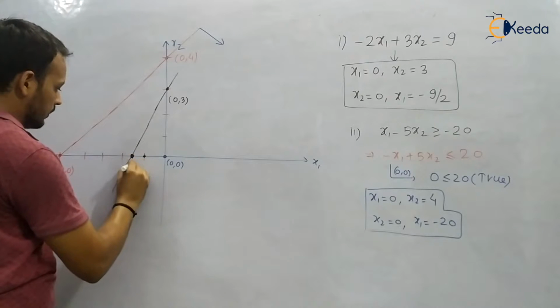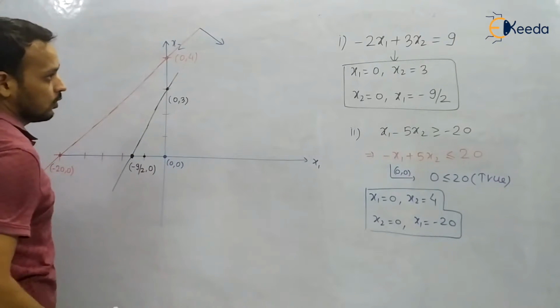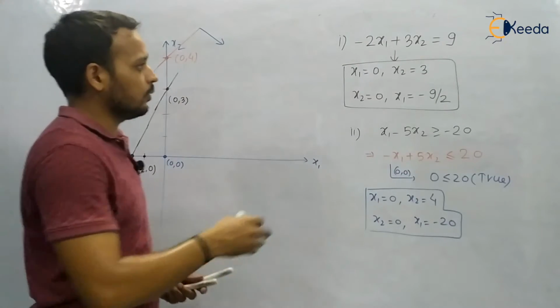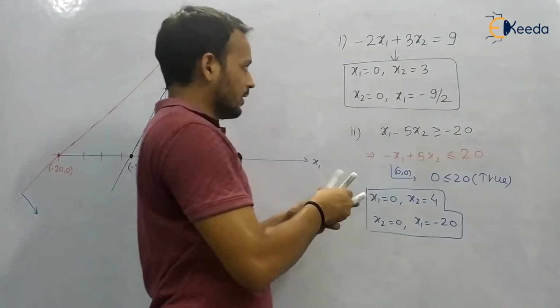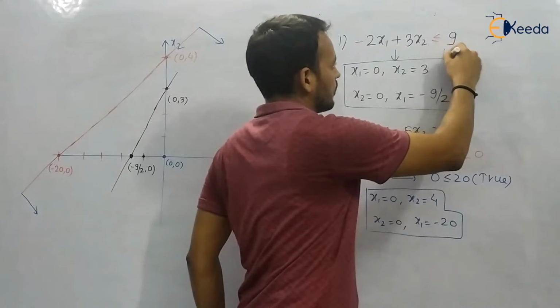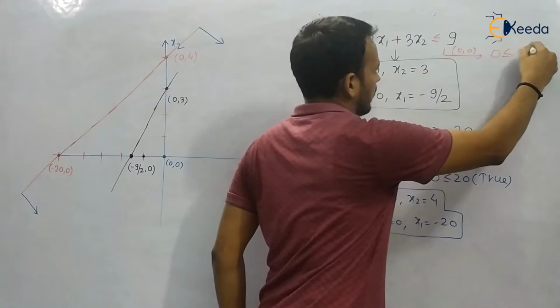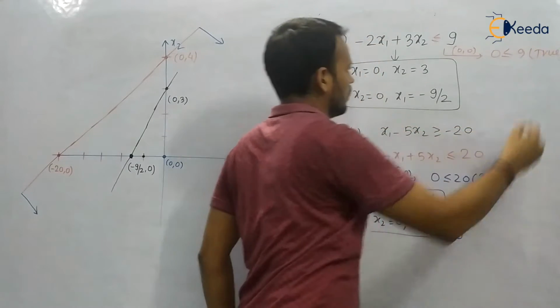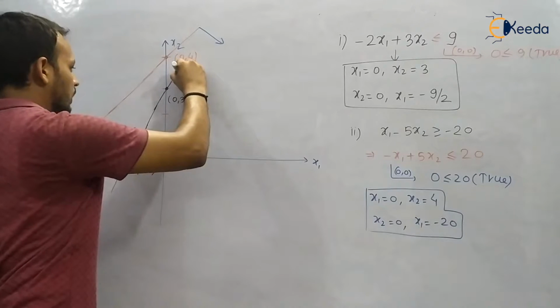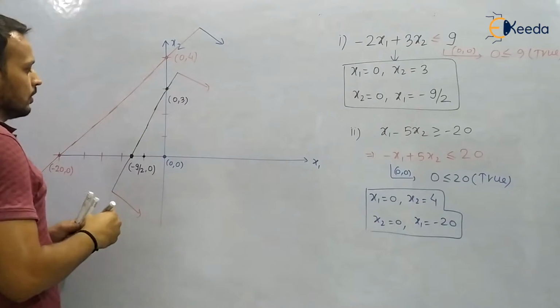The constraint was of less than or equal to type. Putting (0, 0), you get 0 <= 9, and the condition is again true. So the graph is shaded towards the origin.